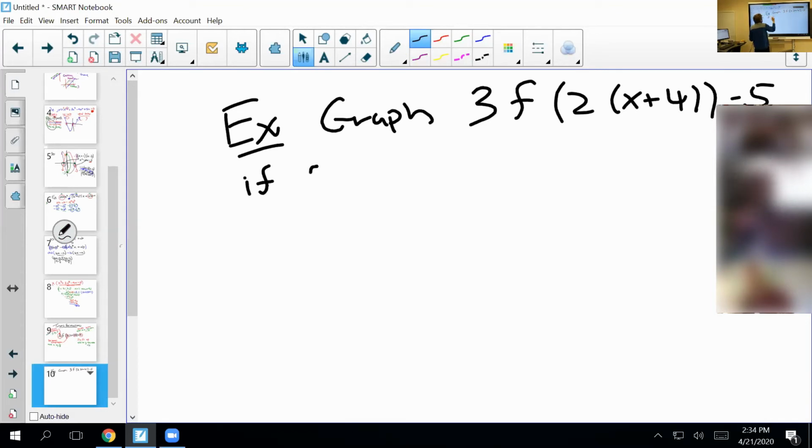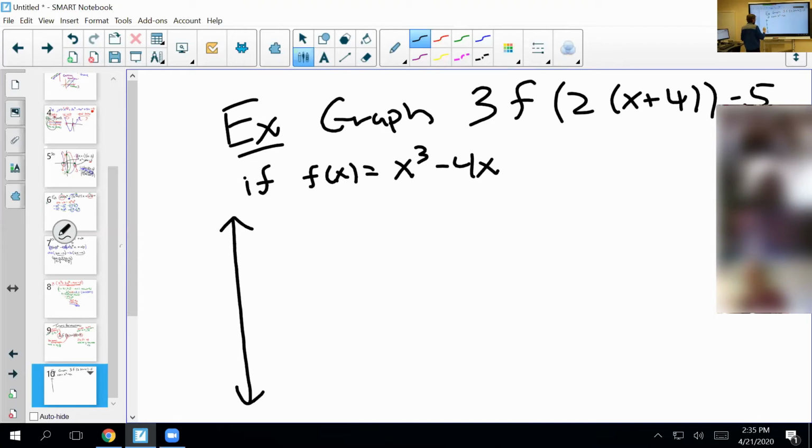If f of x is equal to, and this is actually not that important, so you don't have to write this down. Well, you need to write the first part down, but what f actually is isn't important. These transformations work for any function, so what you do need is the picture. So here is a picture of this function. It looks something like this.